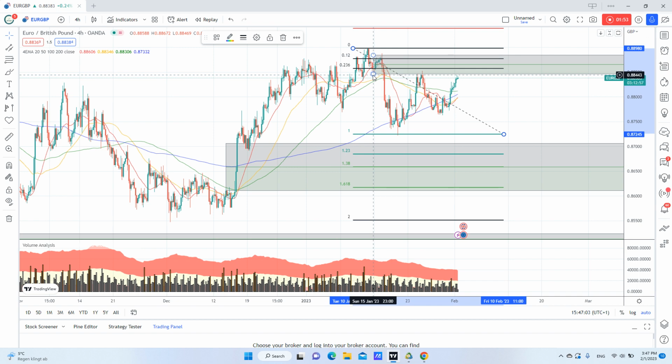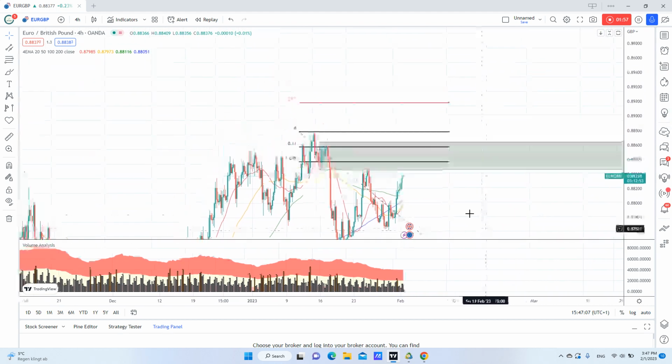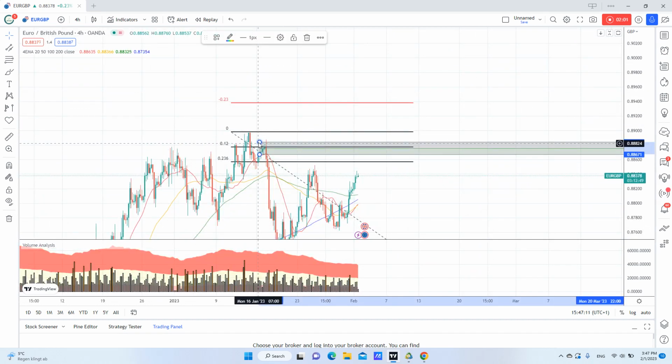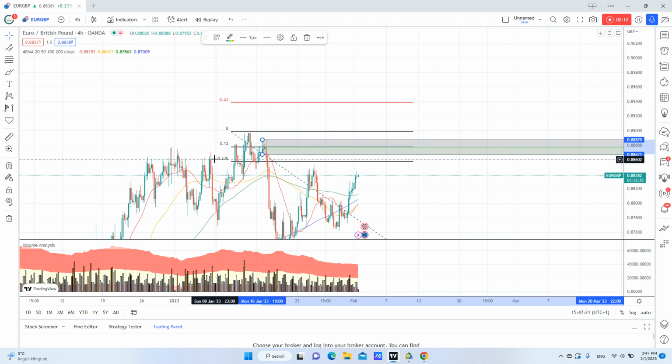I will mark our supply, or maybe our gap here on the 4-hour chart, is this one here. This is our gap, and we will mark all of the candle till the high of the candle, which is exactly at the 88 level.